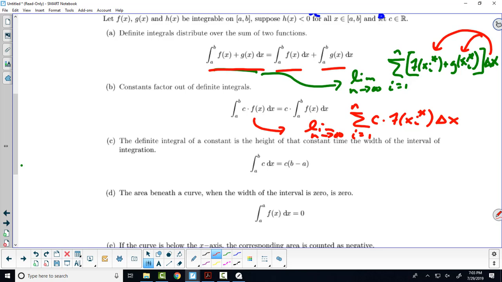So it's a constant, so I could first factor it out of the sum, because that's doing the distributive property backwards. So I could pull the c out of the sum, and then, since constants factor out of limits, I could factor it all the way out of the limit, and so it's just c times that area.